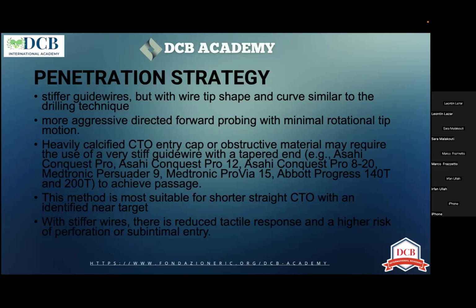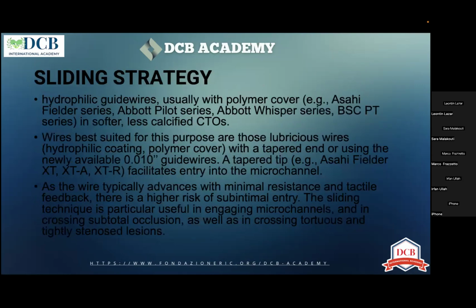Some examples of such wires are the Asahi Conquest Pro, the Conquest Pro 12, the Confianza 20, and so on. This method is most suitable for short, straight CTOs, because otherwise the risk of perforation is significant.